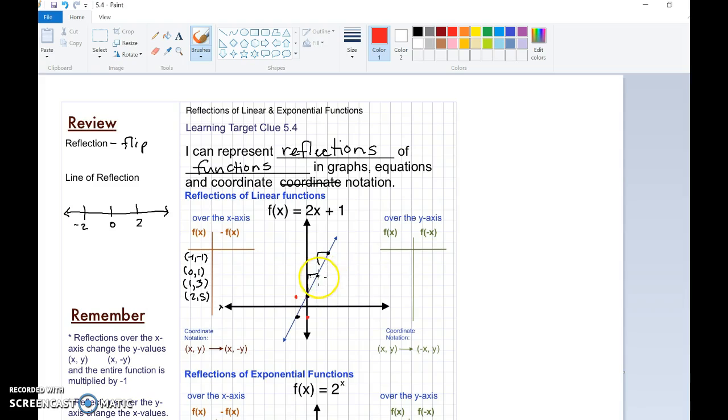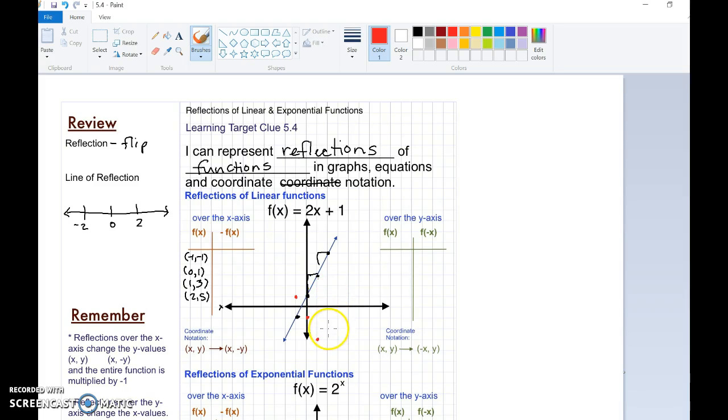And then, of course, this one over here, (1, 3), is 3 away from the x-axis, so we're going to go 1, 2, 3 this way, and then this one will bring down 1, 2, 3, 4, 5.